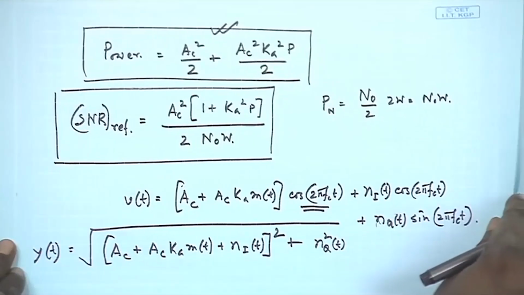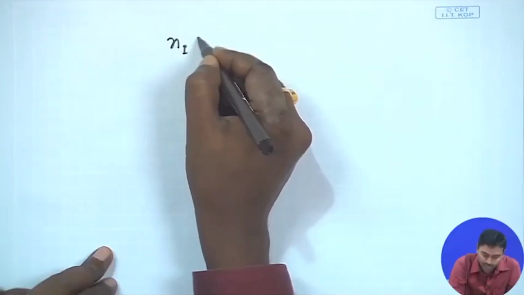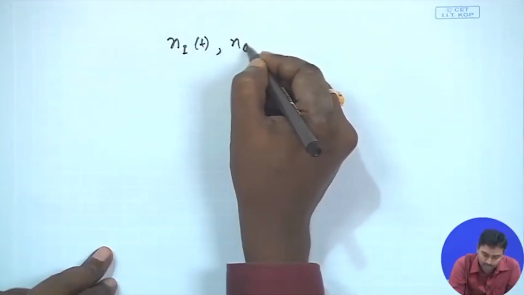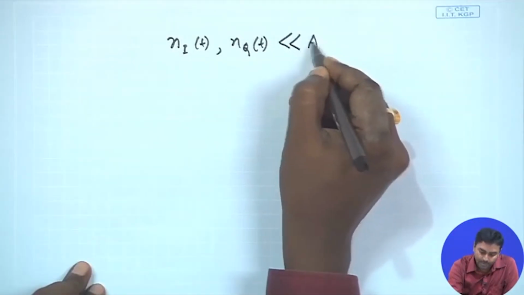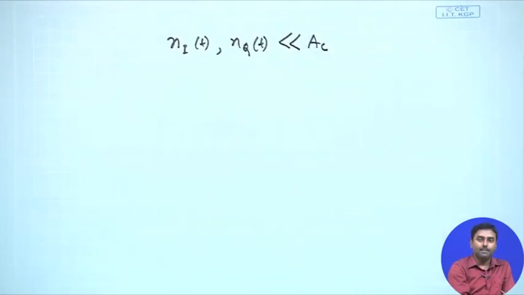But we will take a very simplified assumption here. We will say that this noise term, both n_i and n_q, the in phase and quadrature components, must be much less than A_c. This is one assumption we are taking.